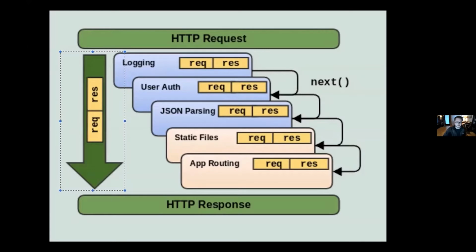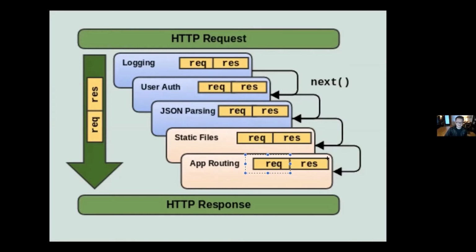So as the request and the response get passed through this middleware stack, each one might be doing something a little bit different with it. In this case, it's just going to log out some data, right, in the logging middleware. User auth, it might just get some data from that and make sure that the user is valid. JSON, it might get some data from that and maybe attach something to the request object. If the JSON parsing middleware attaches something to the request, maybe the parsed JSON object, then our app routing middleware can access that same value because it's later in the stack, right?